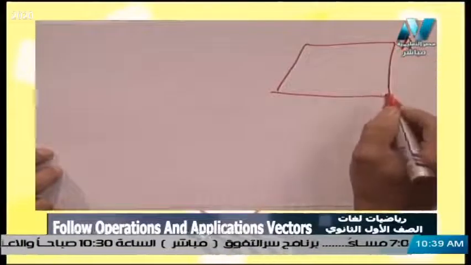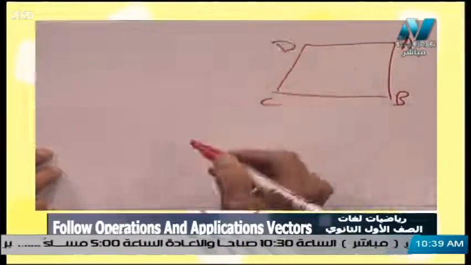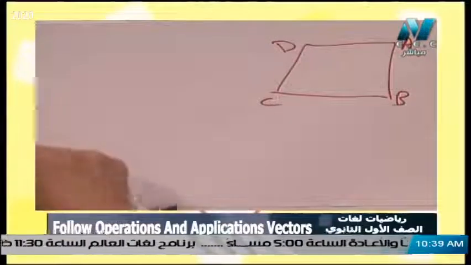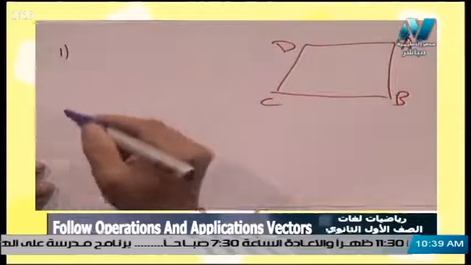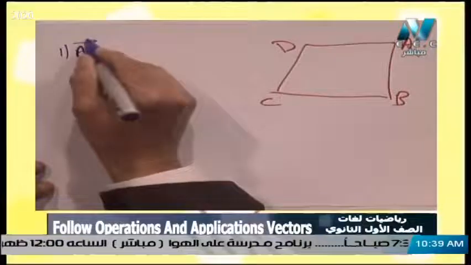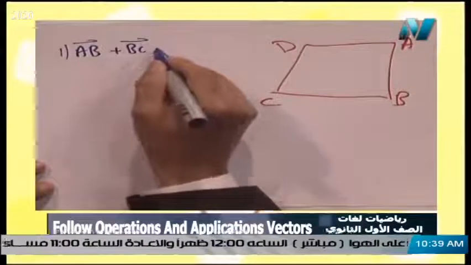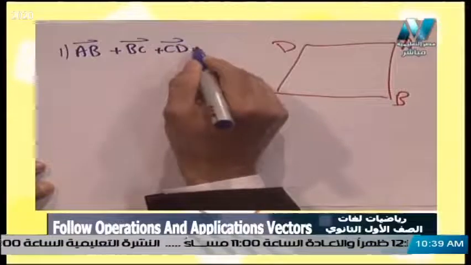We will have some examples here. The first example: if we have a quad here, ABCD is a quad, any quad, and the question is to prove that the vector AB plus the vector BC plus the vector CD equals the vector AD.